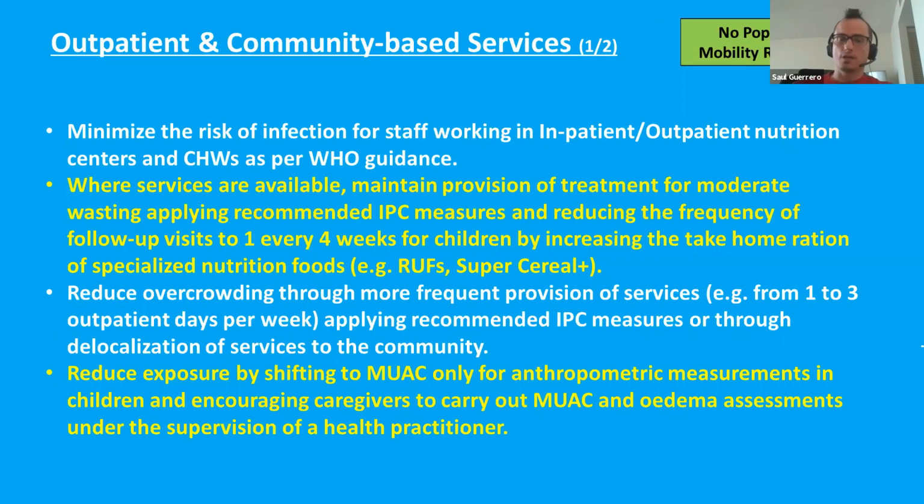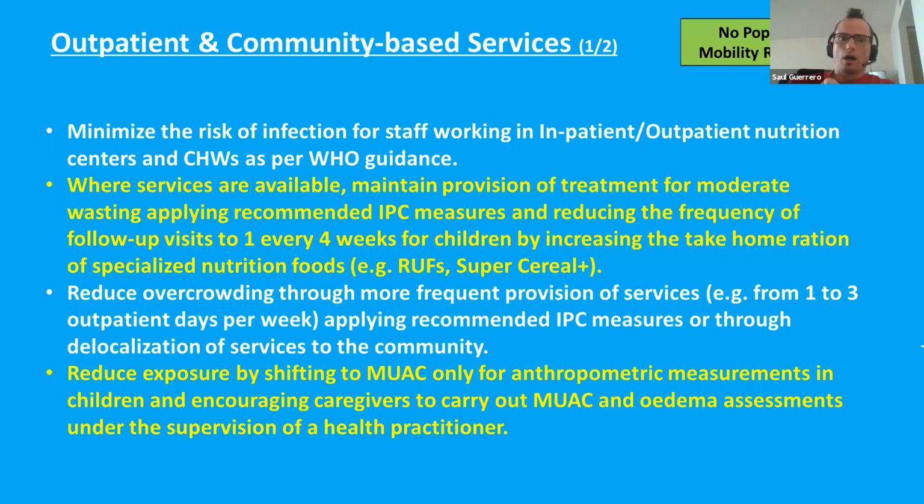On the outpatient services, there are quite a few recommendations here, so again, I'll just go through them. In contexts where there is no population mobility restriction, we felt that we should still start taking measures. First of all, we needed to start protecting healthcare workers and building their capacity when it came to IPC.